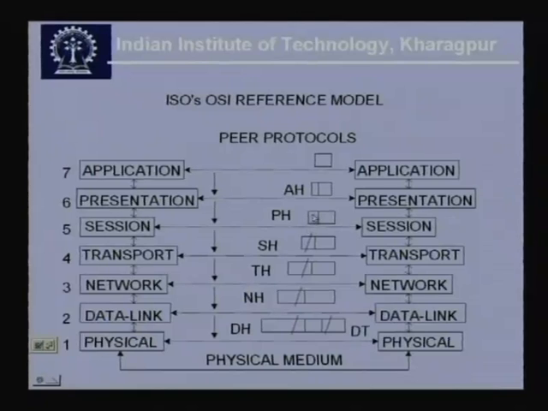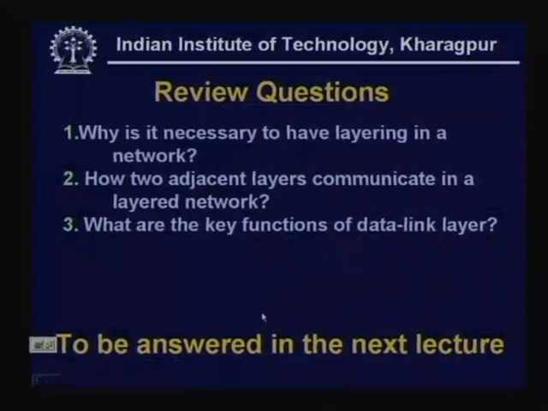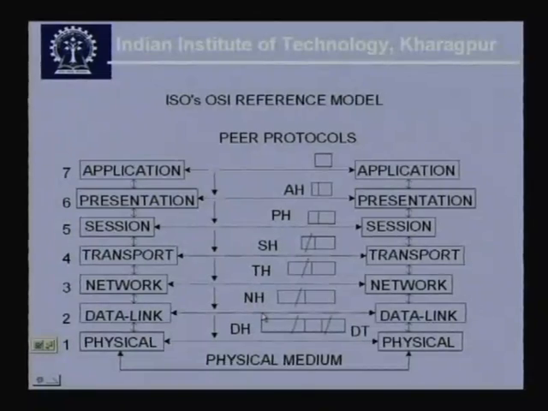Presentation layer in turn will put a header to it, send it to the next layer, transport layer. Transport layer will put a header to it, send to the network layer. Network layer will put a header to it, send to the data link layer. And data link layer will send it to the physical layer, and physical layer will perform the communication. So, here how the communication takes place is maintained.